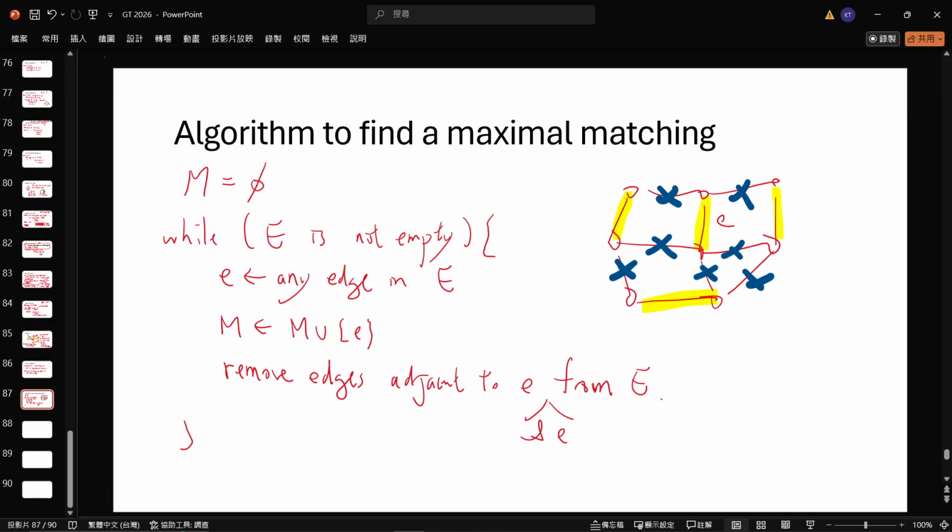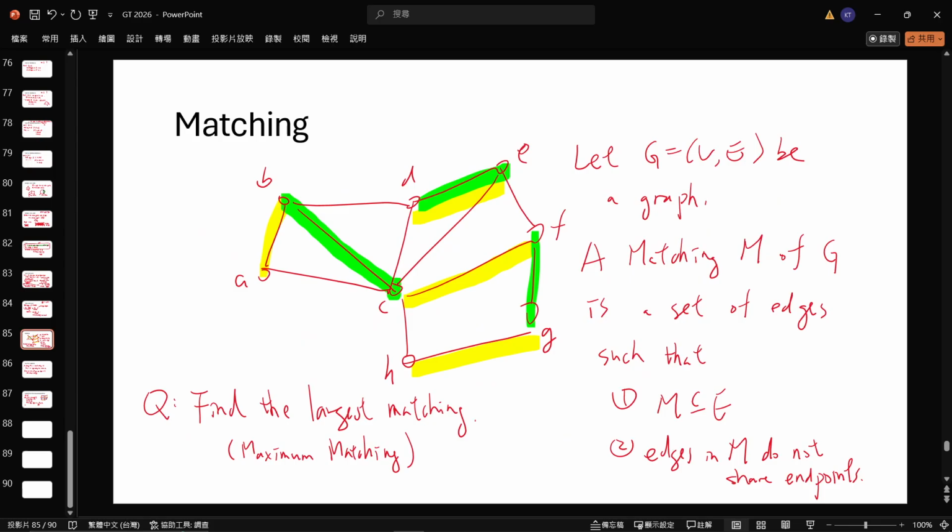And at this moment, every edge is either chosen or removed, okay? All right, so this is how you get a maximal matching. Pretty straightforward, okay? But at least from this example, we know that a maximal matching is not necessarily a maximum matching, okay? Because it is just a local maximum, okay?